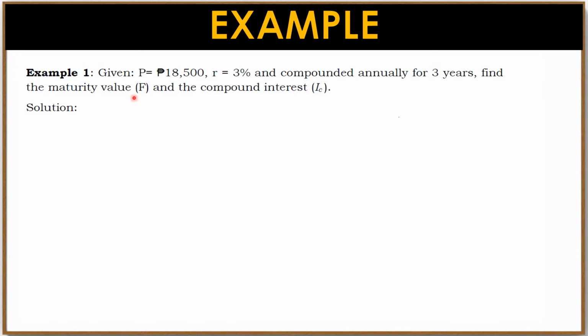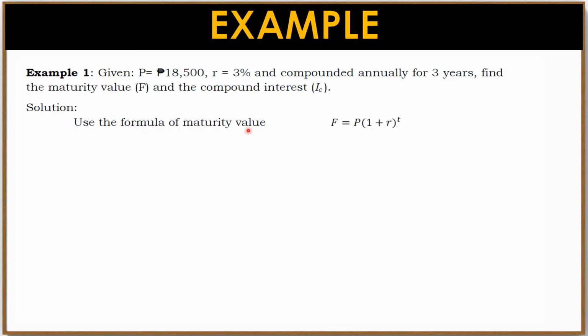Next, we have given P equals 18,500, R equals 3%, compounded annually for 3 years. Find the maturity value or F and the compound interest, which is represented by I sub C. Now let us have the solution.